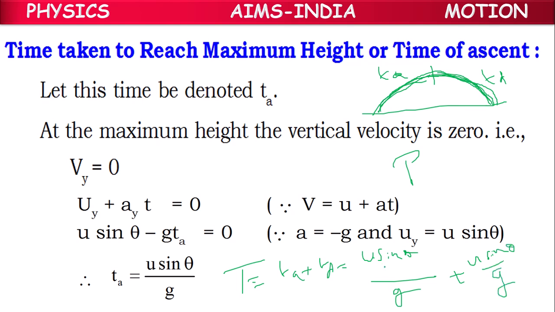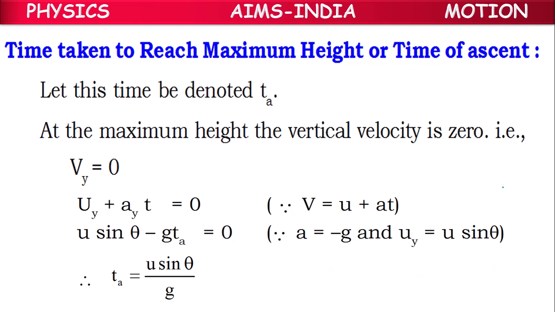If we add both, time of flight equals 2u sin theta by g. So, okay, children, now we have got equations for time of ascent, time of descent, and time of flight. Time of flight is a combination of time of ascent and time of descent.